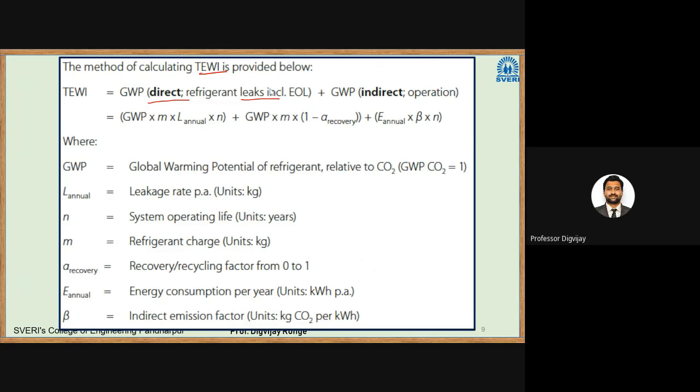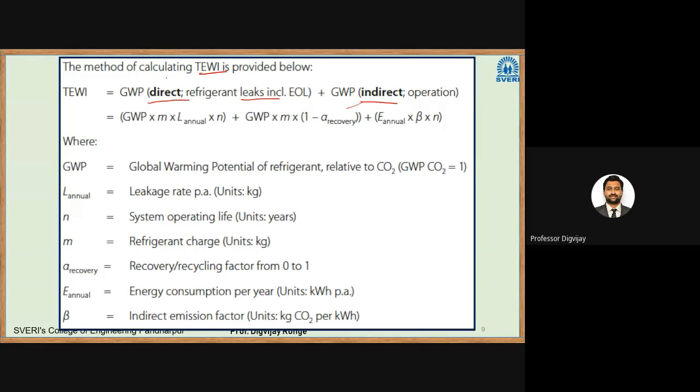It is also considering the indirect. So whatever electricity we are getting, in that case, some coal will be burned and in that burning process CO2 will be generated. So that will be also accounted under indirect GWP. Okay. So this will be indirect.